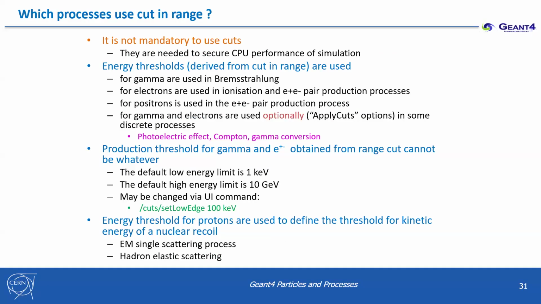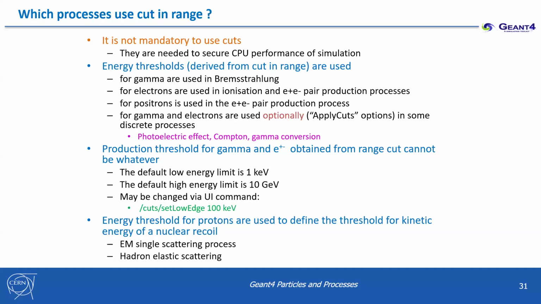Which processes use cut in range? First of all, it is not mandatory to use cuts in physics, but there are two processes where cuts are strongly needed. It is Bremsstrahlung and ionization. We also use cuts in e+ and e- pair production processes.